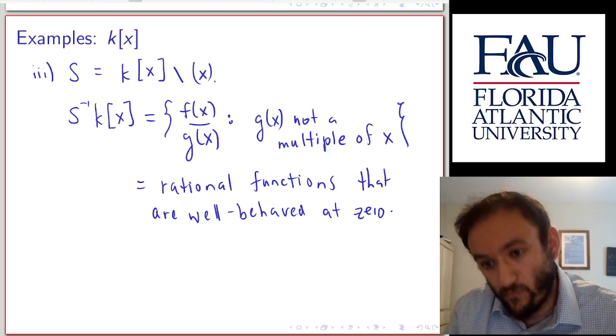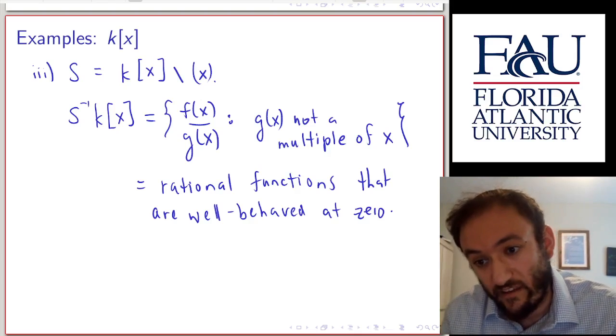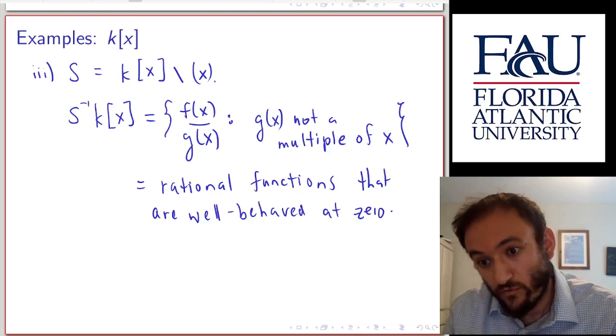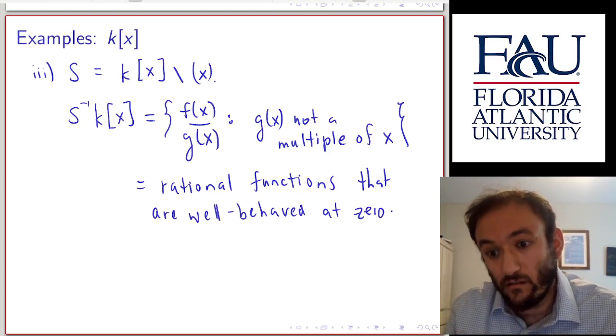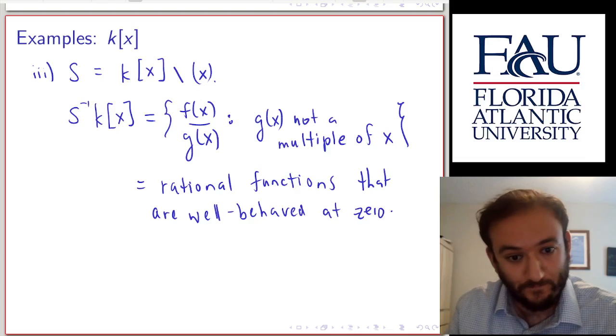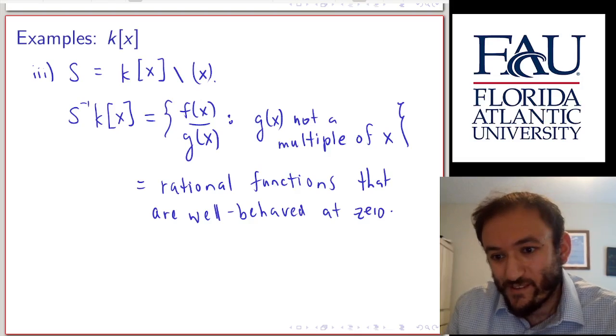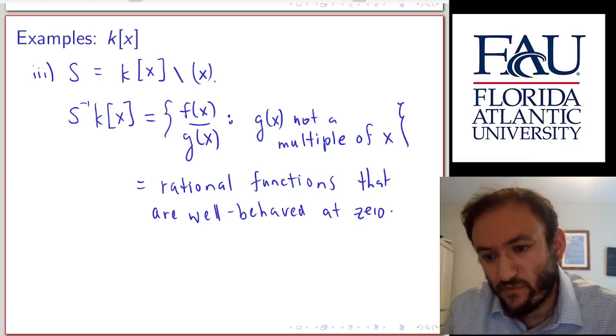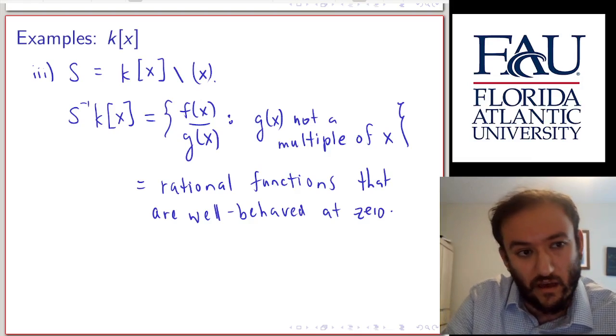Okay, so not the rational functions that have poles, for instance. So 1 over x will not be in this localization. Okay, so that gives us a flavor for some different localizations we can do in our favorite rings.